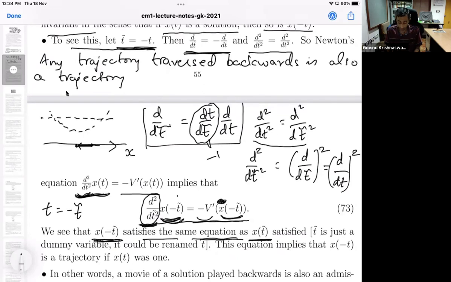So, I just make a parenthetical remark here that t tilde is just a dummy variable, and it could be renamed as t once you do this transformation. So the sum and substance of this is that this equation 73 implies that x of minus t is a trajectory if x of t was a trajectory.